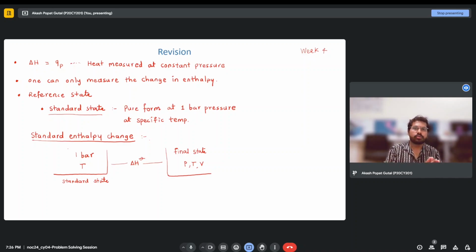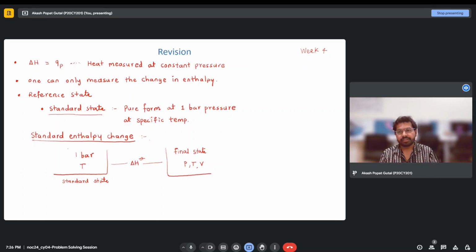One can measure PV, that's okay, but we can't measure the exact internal energy. Once you can't measure the exact internal energy, you can't measure the enthalpy exactly for a given system. But you can measure the change in enthalpy, because it depends upon the change in internal energy and change in pressure or volume. So that's why we can only measure the change in enthalpy.